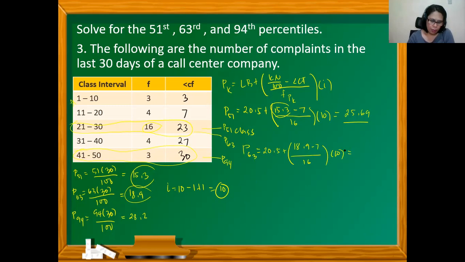So we have 18.9 minus 7 all over 16, and it's 27.94 for P sub 63.